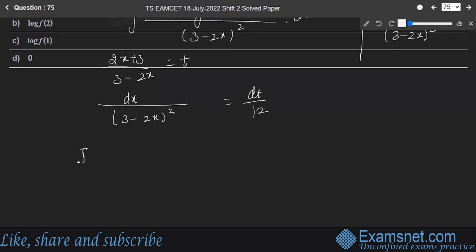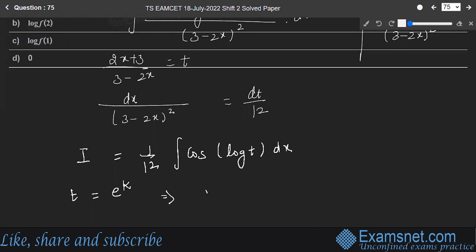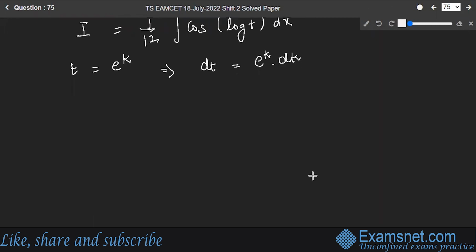So this integral now will be reduced to 1 by 12 integral of cos of log t dt. So now let's put t equal to e raised to power k, which gives you dt is equal to e raised to power k into dk. Therefore, the integral will become 1 by 12 e raised to power k into cos k dk.